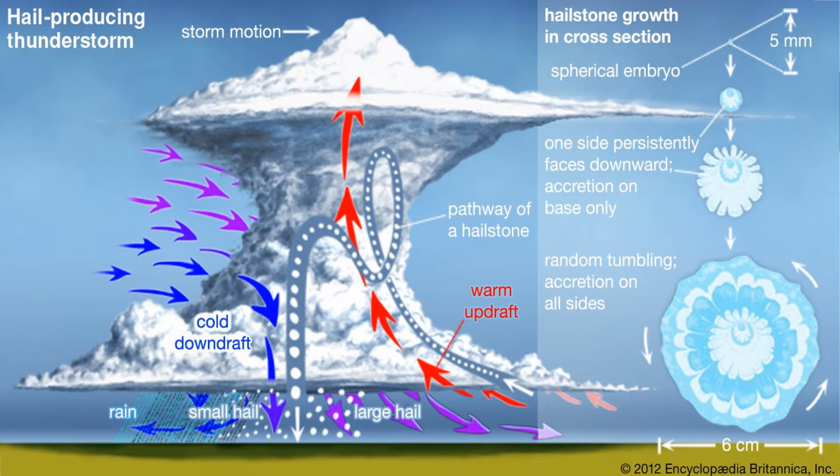As growing ice particles pass through regions of different liquid water content, an outside coating of ice forms around them, and this coating causes them to grow larger and larger over time.